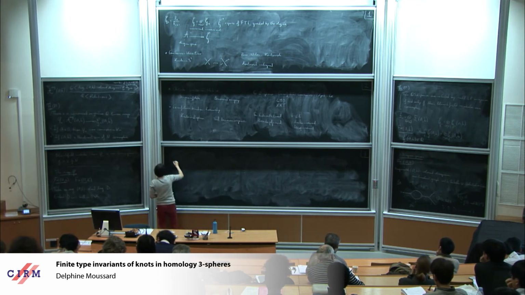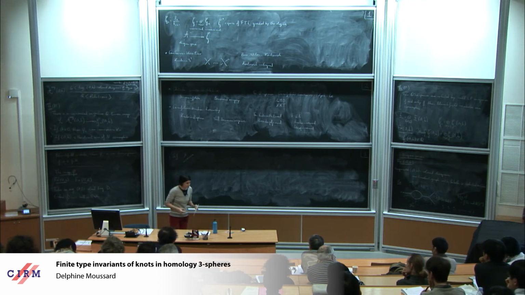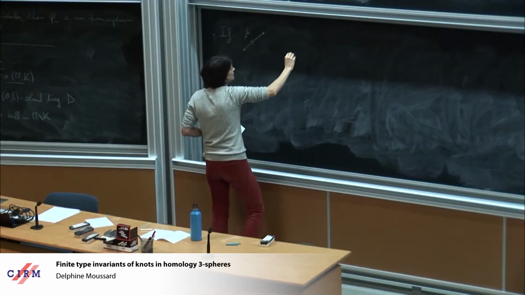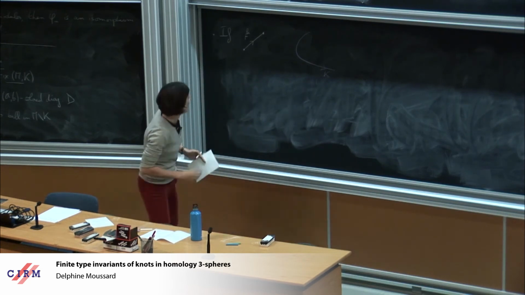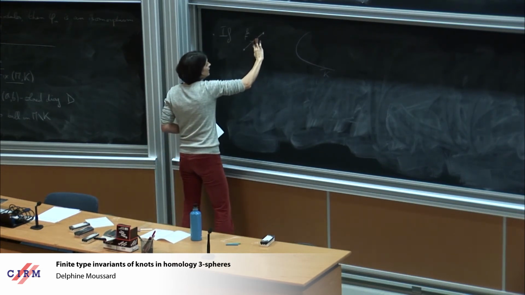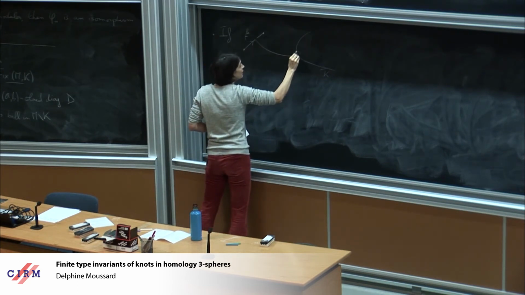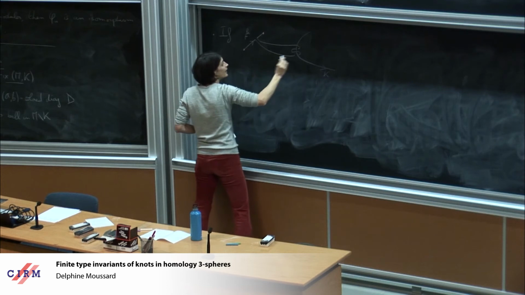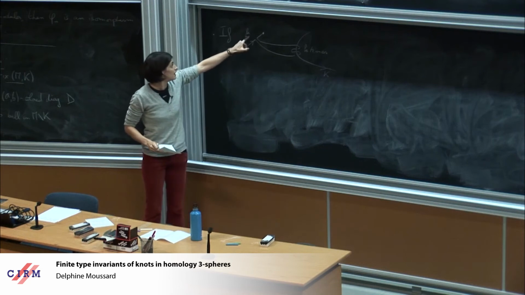So first, if we have an edge with some label t to the k, we will modify this edge in the following way. We have somewhere in our manifold the knot K, and we take a piece of the edge and make it turn around the knot K, k times. So that's the meaning of this power here.